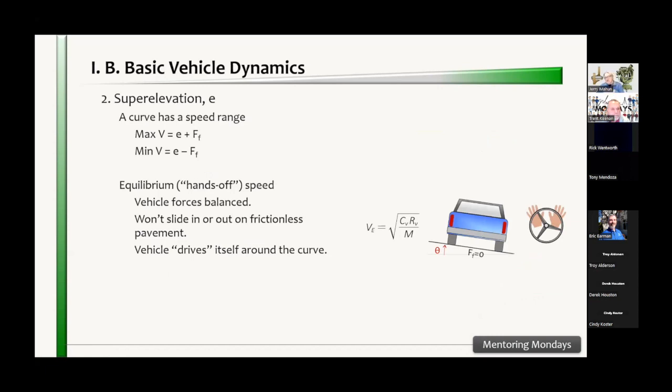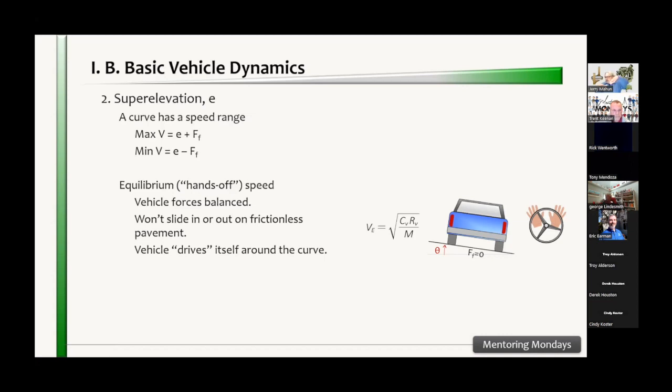So a curve has a speed range where we've got the friction acting with the superelevation to offset the centrifugal force. That's the maximum speed that a curve can handle. If the superelevation is too high for the centrifugal force, then you have the friction acting against the superelevation to keep the car on the curve. You can think about it as if you come to a stop on a superelevated section, there's enough friction that keeps your car on the pavement without sliding to the inside.